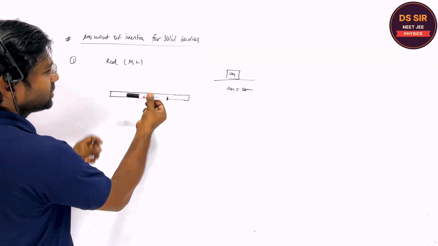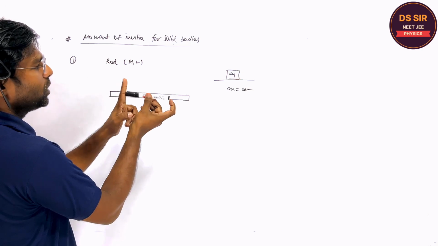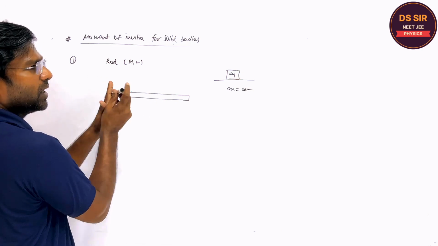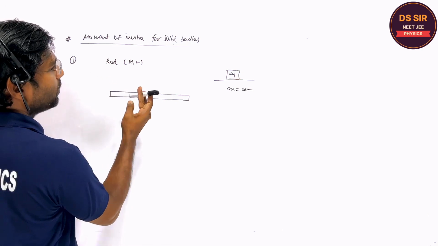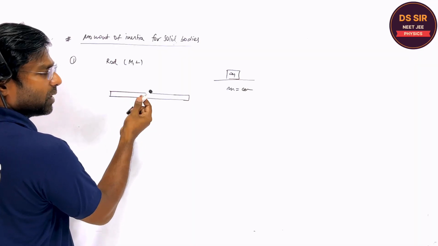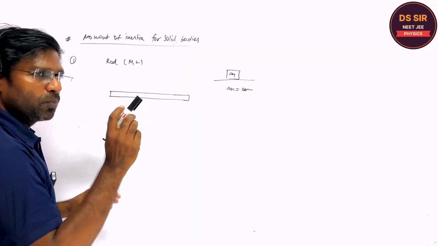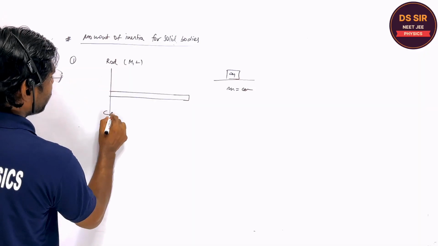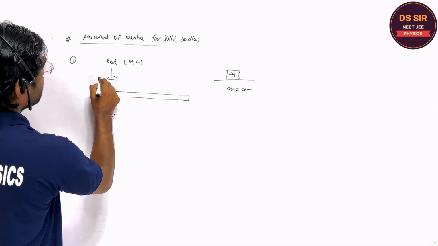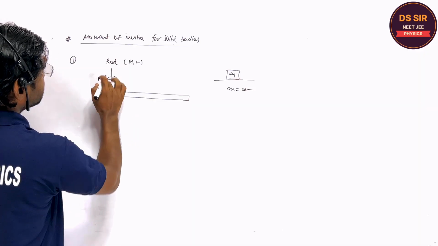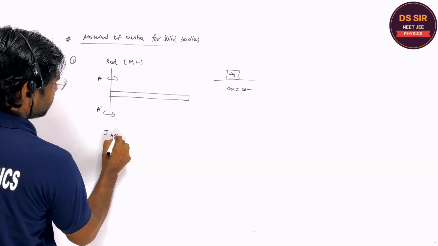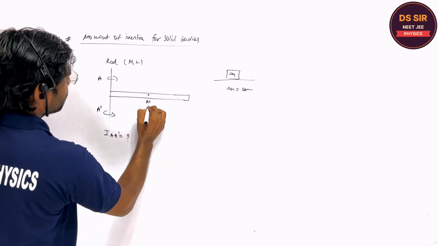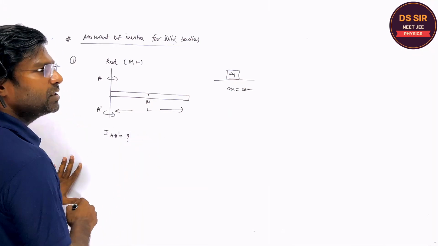For example, if this rod is rotated about one end, and if it is rotated about an axis passing through the midpoint, both moments of inertia are different. In this case, we are going to find the moment of inertia about an axis passing through one end, right? Copy this. So how to find this?